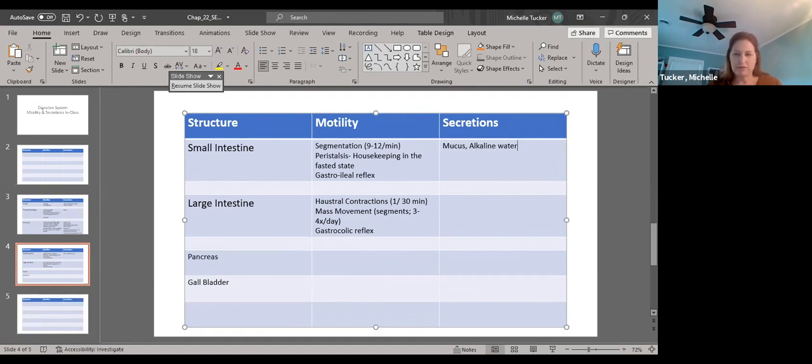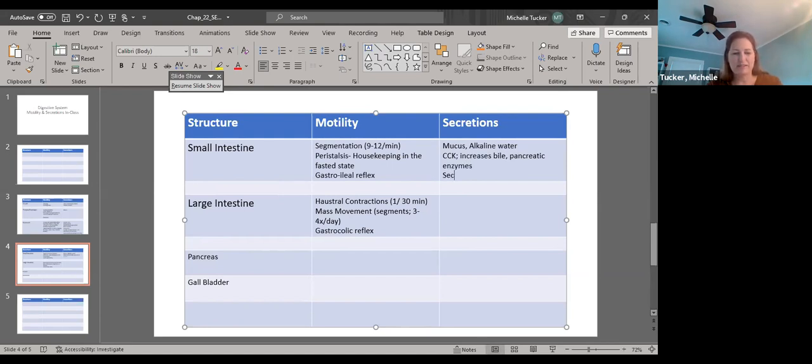It is going to secrete cholecystokinin, which increases bile and pancreatic enzymes, which we are just about to get to.